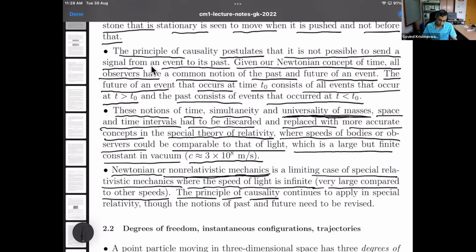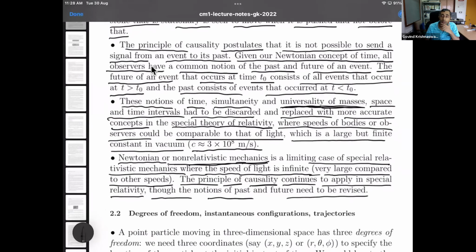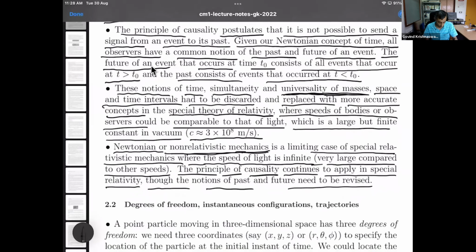So the principle of causality continues to apply in special relativity, although the precise notions of past and future of an event need to be revised. All that is the subject of special relativity, which we shall discuss later on. Okay, any questions about this?